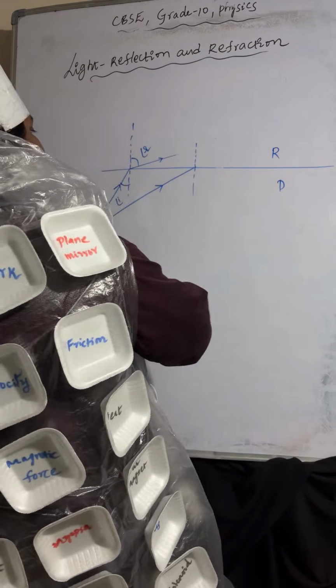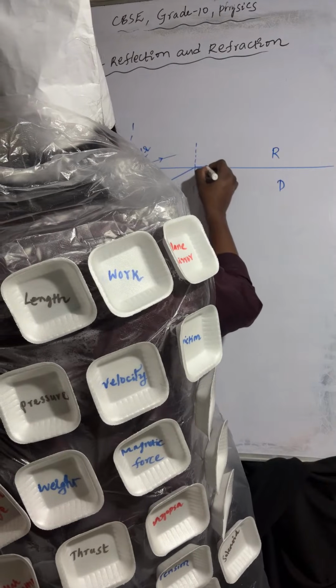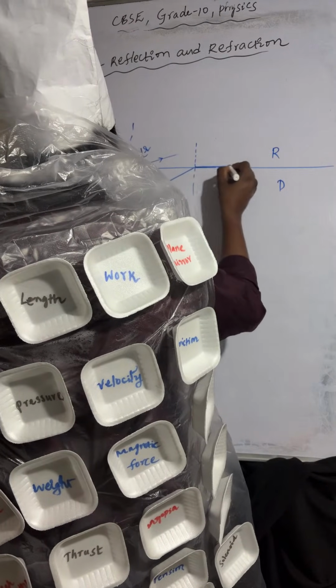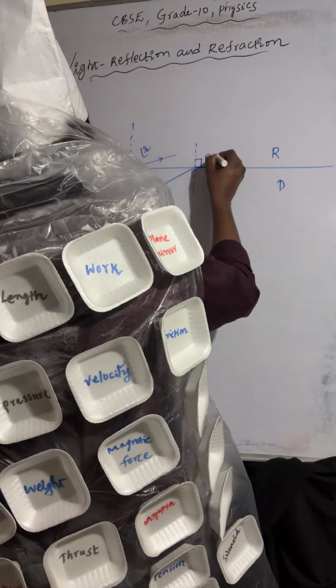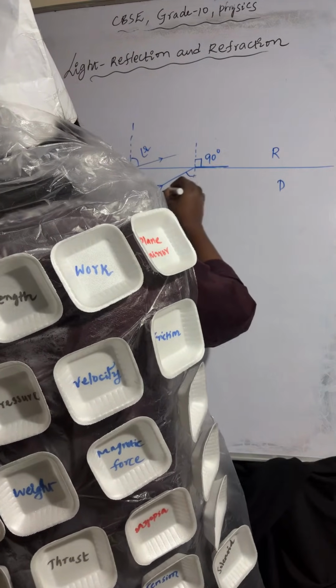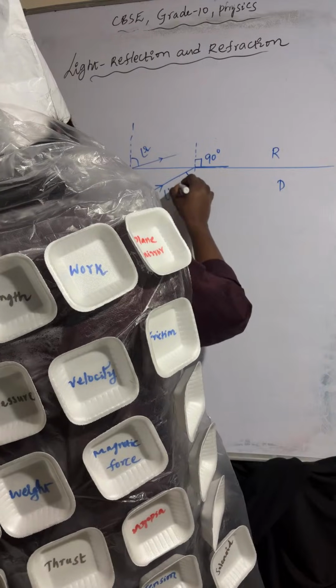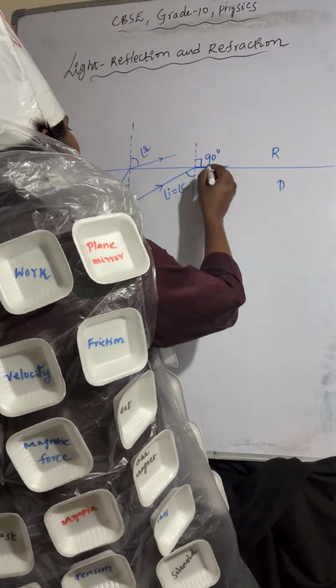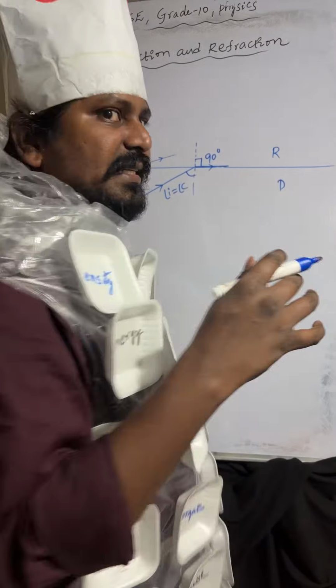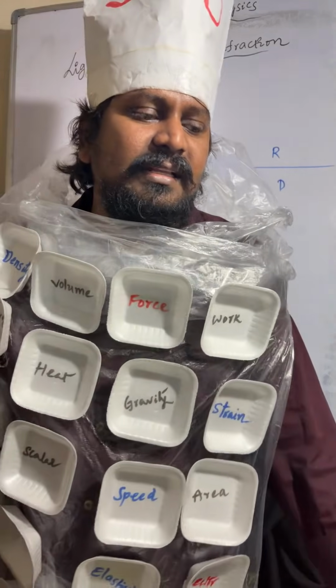At a certain angle of incidence, the refracted ray moves along the surface. So the angle between the normal line and the refracted ray is 90 degrees. This is called the critical angle.